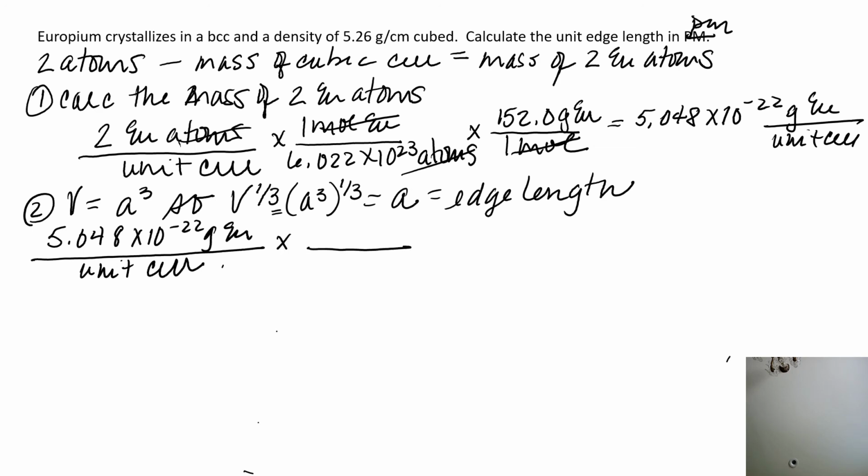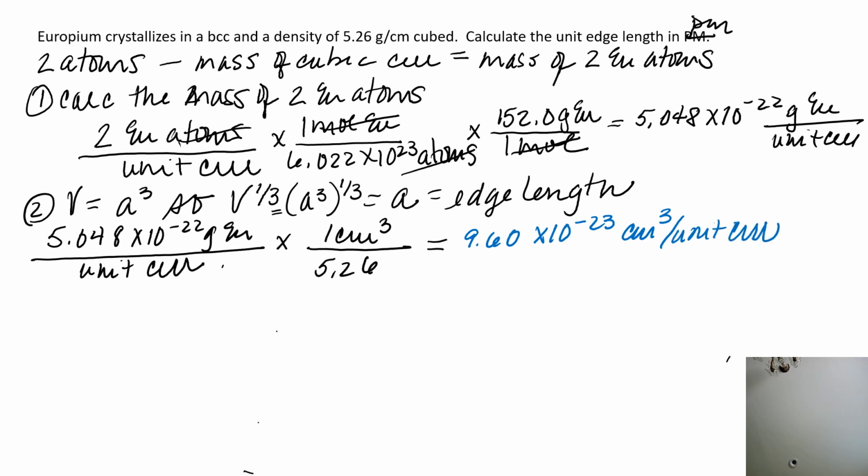And we use our density to get to our volume unit, cubic volume unit, I'm sorry. And this is 9.60 times 10 to the negative 23 centimeters cubed per unit cell.